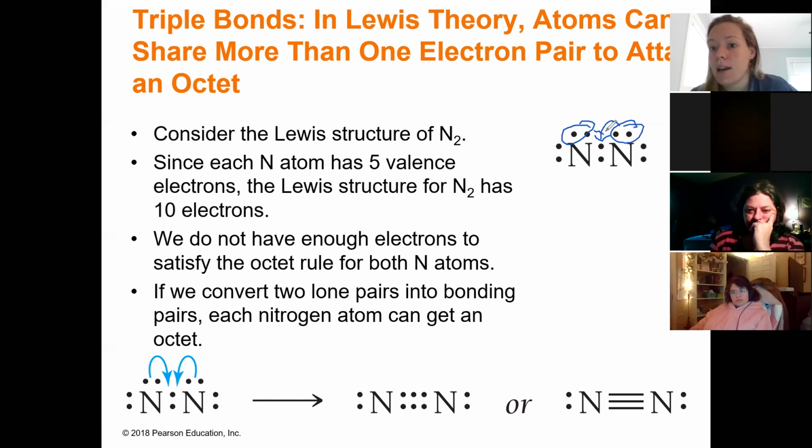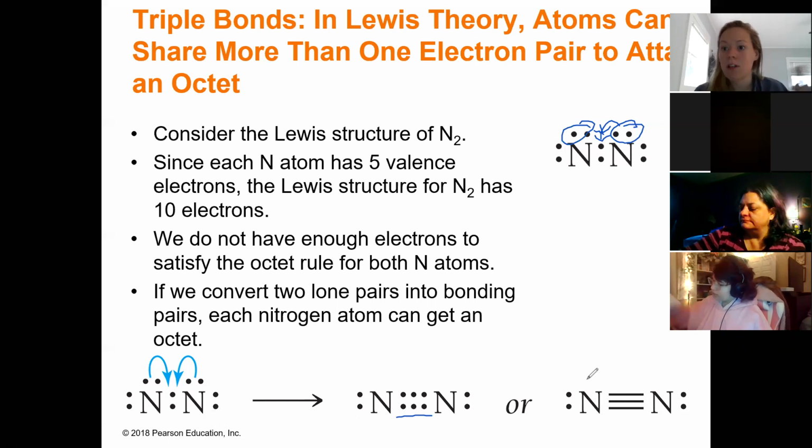So we actually have to take another pair and drop it in like this. So both of these get dropped in and we get what's known as a triple bond. I haven't changed the number of electrons. There's still only 10 electrons, but they're distributed in such a way that how many does this nitrogen have access to now? 2, 4, 6, 8, and this nitrogen also has 2, 4, 6, 8. So it's kind of a game of moving things around so that everybody gets what they need.